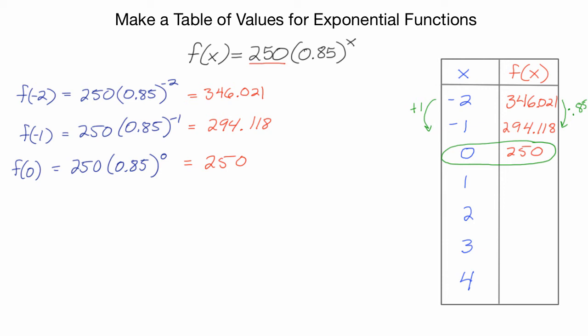All right, let's finish the rest of these up pretty quickly here. If I use my calculator and put in f of 1, again, putting it all in, I get 212.5.